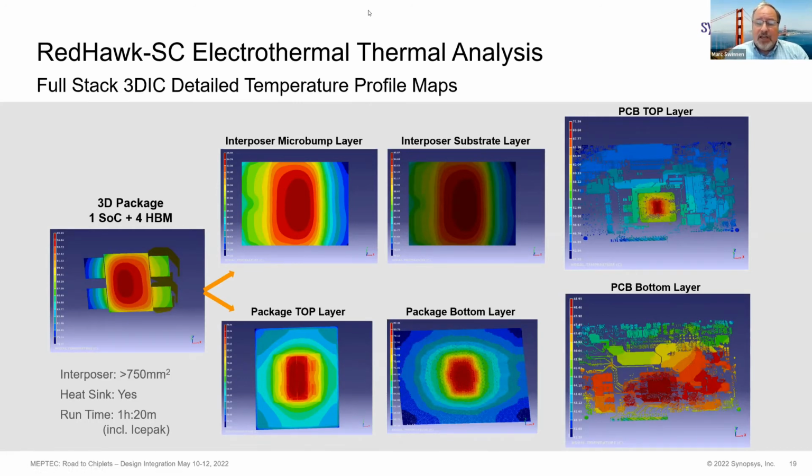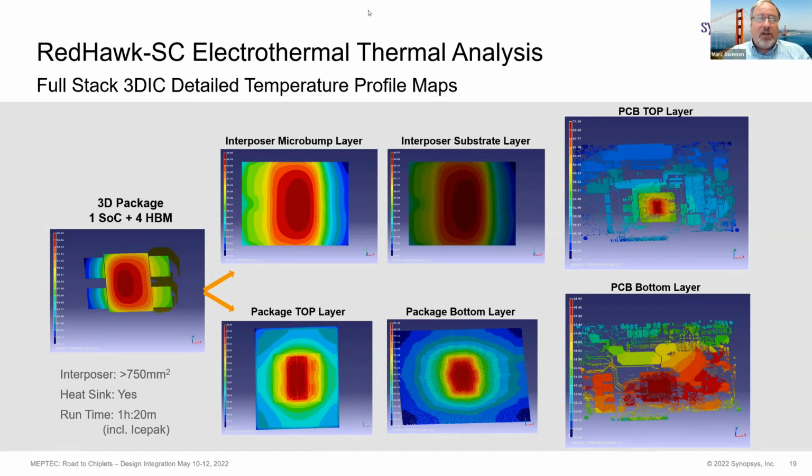So it interfaces with our IcePack tool, which is basically a PCB thermal solver, and that can establish the boundary conditions. With a fan and computational fluid dynamics to model the airflow, you can determine the boundary conditions, which gives you the top layer temperature of the heatsink, which allows you to analyze what the temperature inside the multi-chip package will actually be.